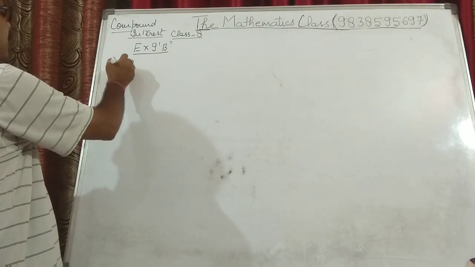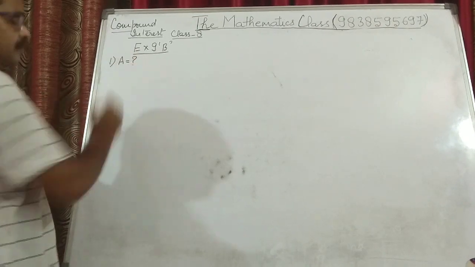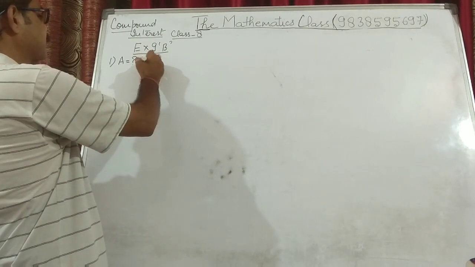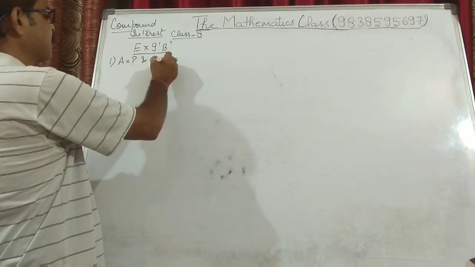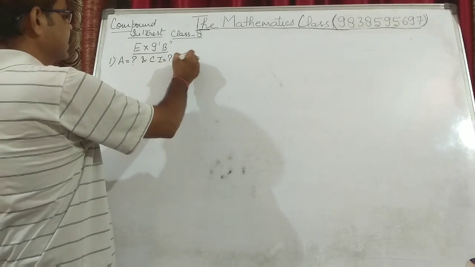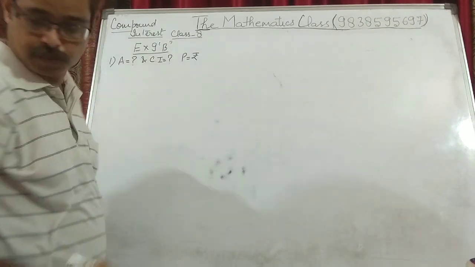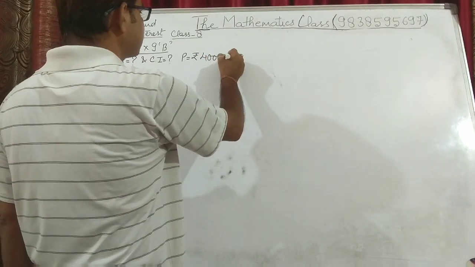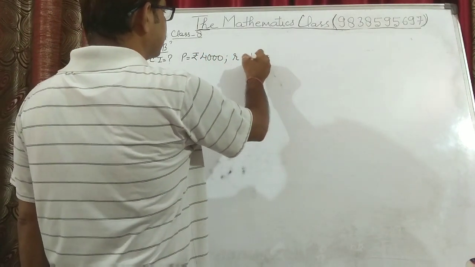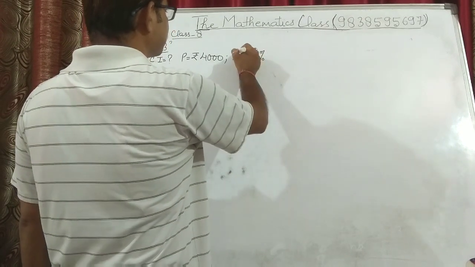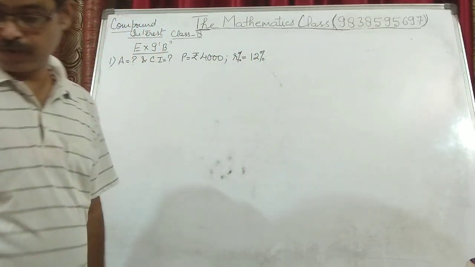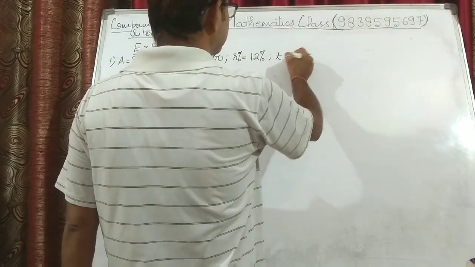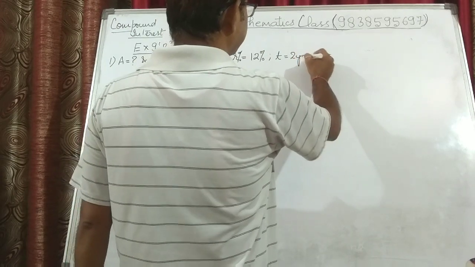The first question is: find the amount and compound interest. You have to find the compound interest as well. The principal is rupees 4,000 at 12%, which means the rate percent is 12%, and the time is 2 years, compounded annually.